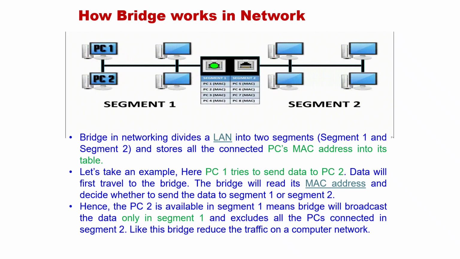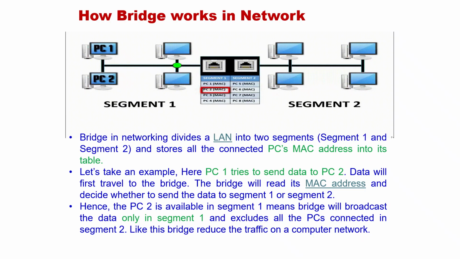In the same scenario, when we are using a bridge, it will identify where the device is. Whenever PC1 is sending some data, it will check. A bridge basically divides the network into two segments, segment 1 and segment 2. So it will check where the device is. If the device is in segment 1, it need not send the data to the other segment.